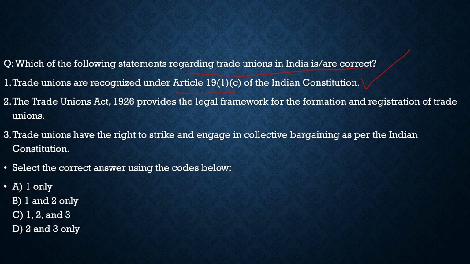Statement 2, the Trade Unions Act 1926 provides the legal framework for the formation and registration of trade unions, 100% correct. Third statement, trade unions have the right to strike and engage in collective bargaining as per the Indian Constitution, 100% correct. With respect to this question, all three statements are correct, and from the code given below, the correct code would be option C. With this, let's move to another question and try to solve it.